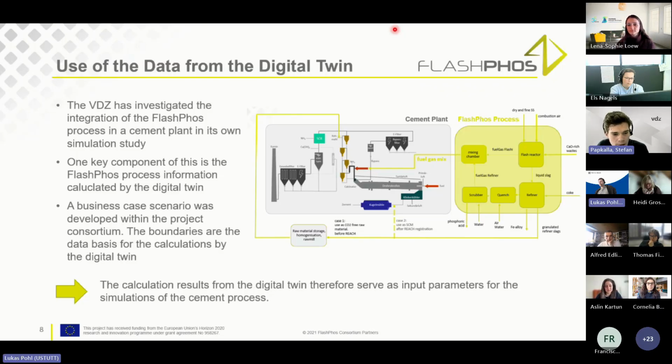We used the data generated by the digital twin of the FlashPhos plant as an input parameter set for our own simulation. We simulated the clinker burning process, and the outputs of the digital twin were a part of the inputs for our simulation.